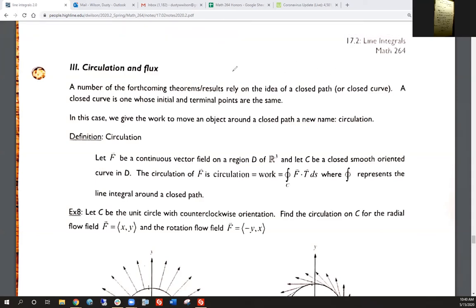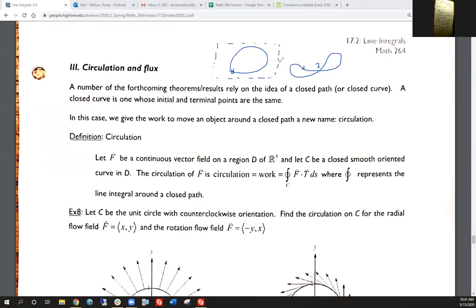We're going to talk more about this in the next section, but there's a difference between a closed curve like this, where I start and end at the same point, and a closed curve like this, where I start and end at the same point, but there's an intersection. We're going to be focusing in on the really nice, simple closed curves like this one.